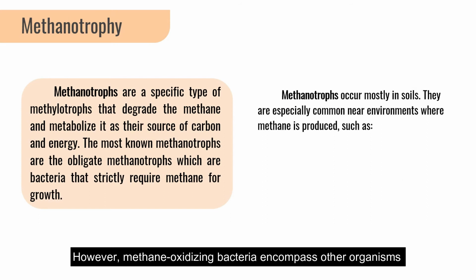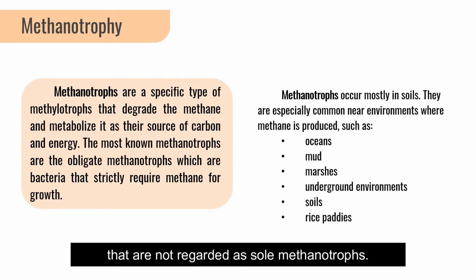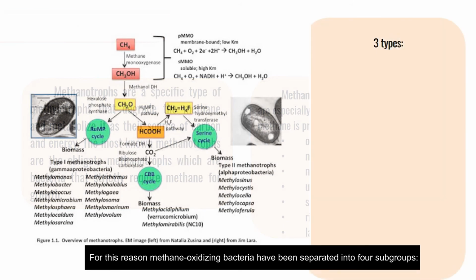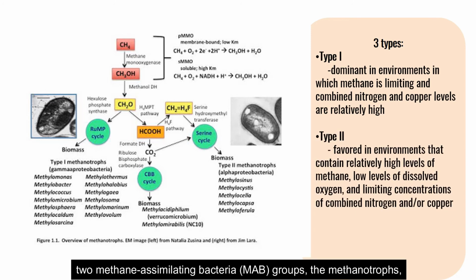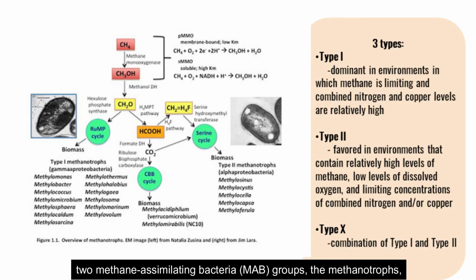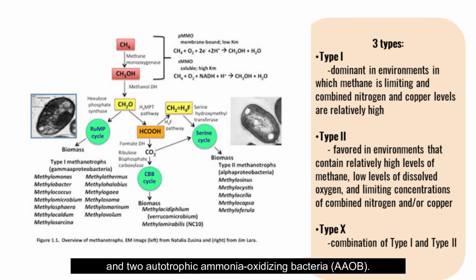However, methane oxidizing bacteria encompass other organisms that are not regarded as sole methanotrophs. For this reason, methane oxidizing bacteria have been separated into 4 subgroups: the 2 methane assimilating bacteria or MAB groups, the methanotrophs, and the 2 autotrophic ammonia oxidizing bacteria or the AAOB.